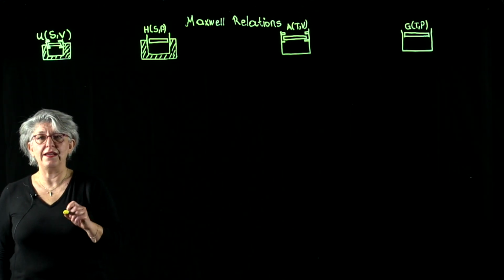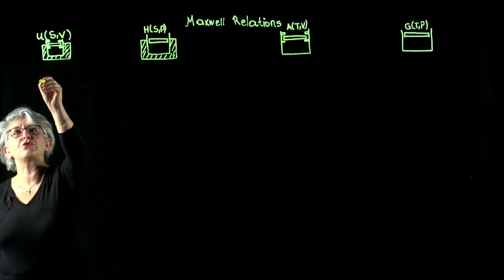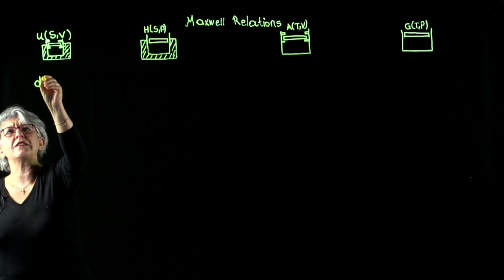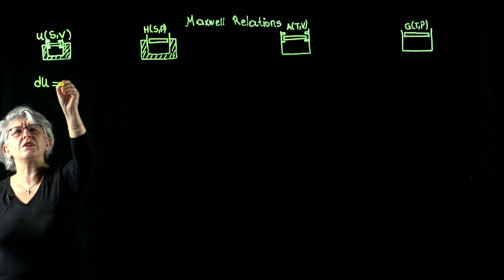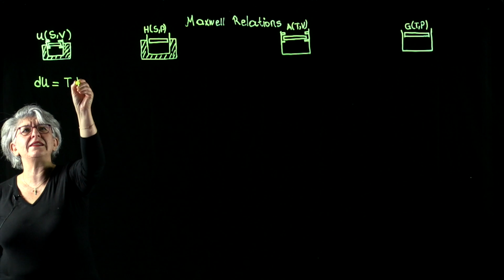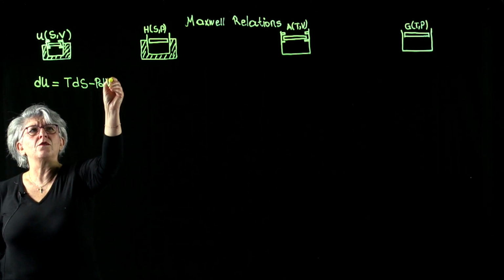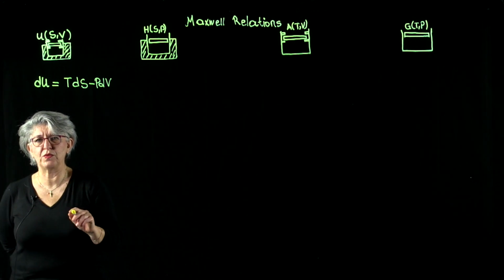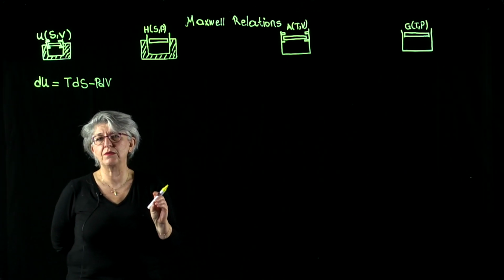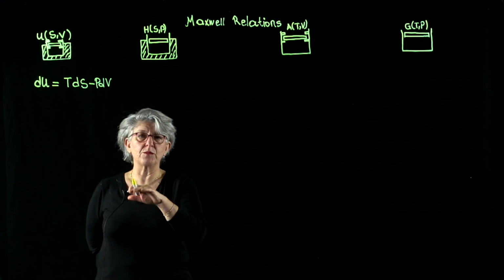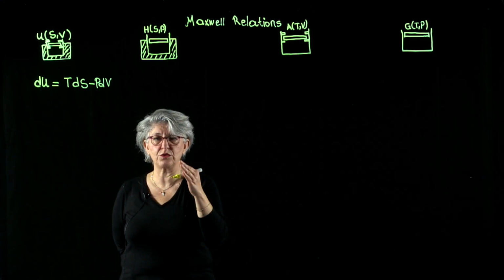So then, again, we also derived the expression for dU as TdS minus PdV for a system which was closed. There was no shaft work done, the process was reversible, and so on and so forth.